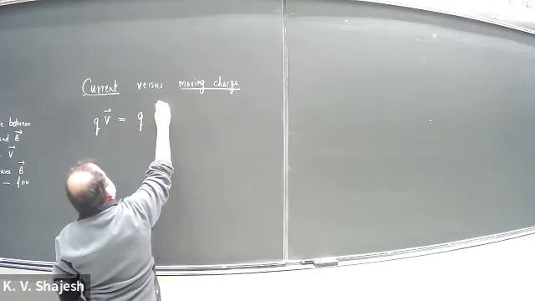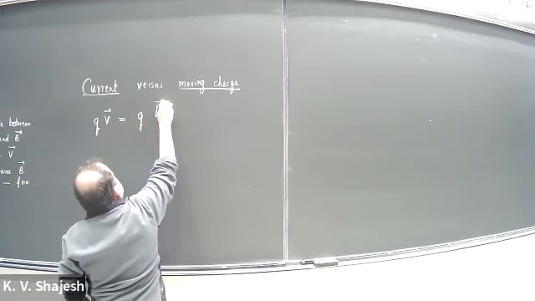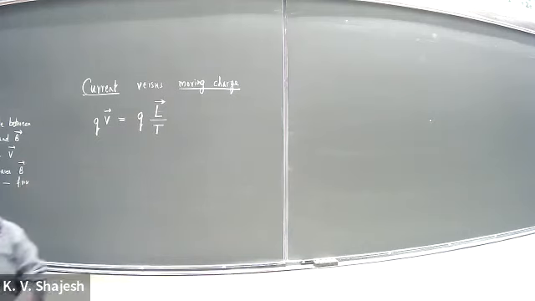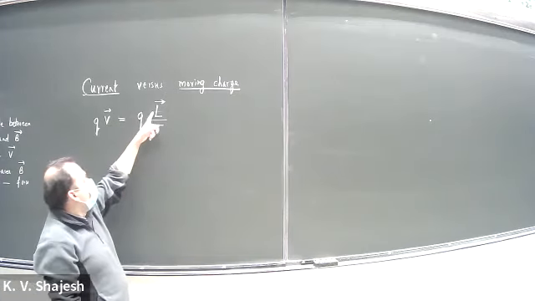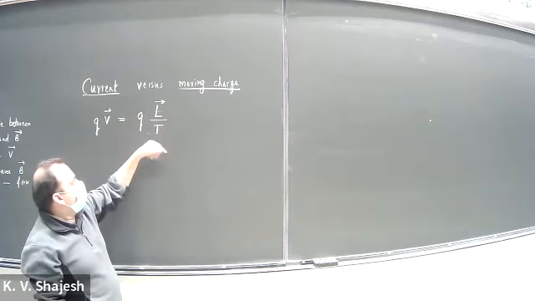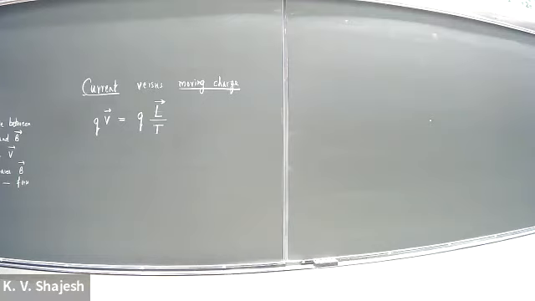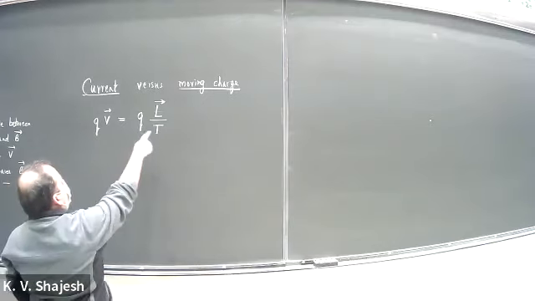Since it's a vector, let me write that as a vector L over time. So there's some velocity, a charge that is moving. How much distance does it move in a certain direction, divided by how much time does it take? That's the idea of velocity.